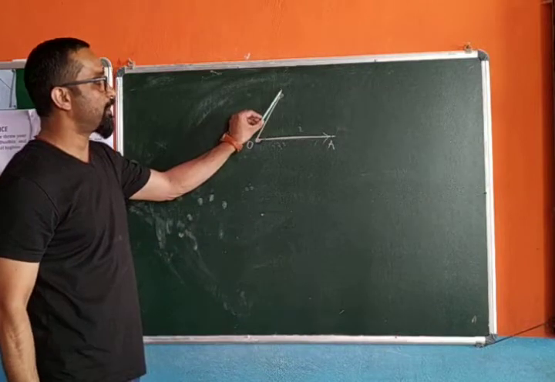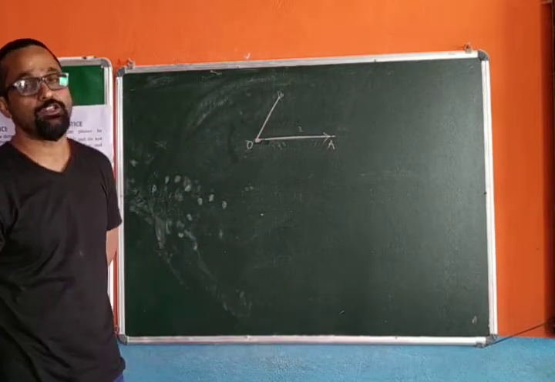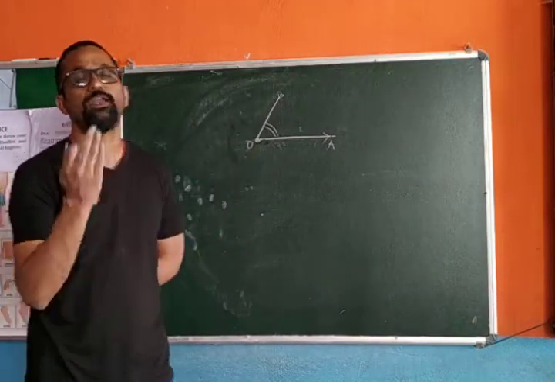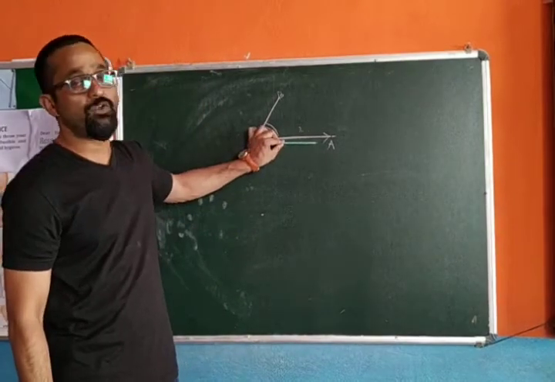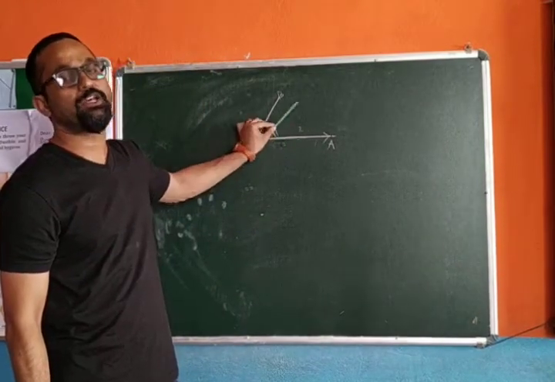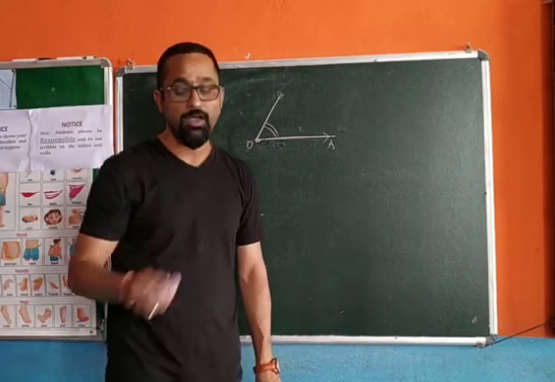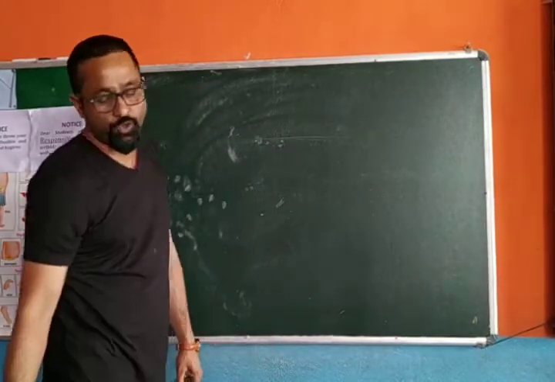You can rotate it upward or you can rotate it downward to get an angle. So this is how an angle is formed. It is formed by rotation, by keeping one ray fixed and another ray rotating, that is moving upward or downward.